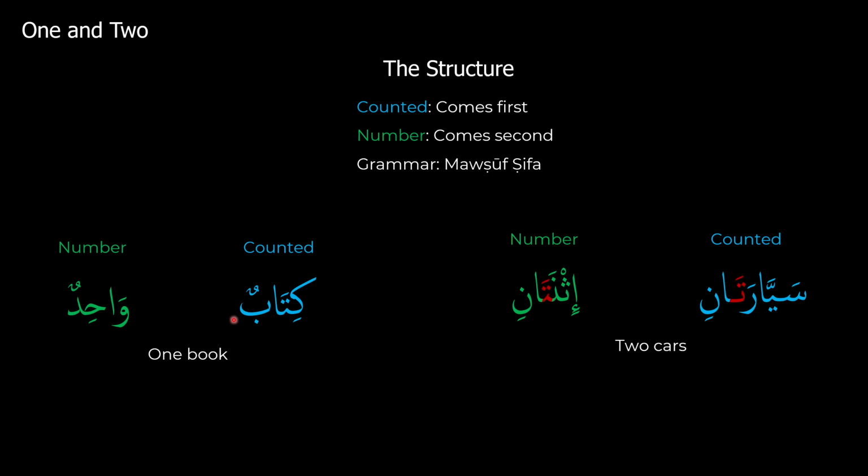All four properties match, therefore you translate it as one book. And then the same thing here for sayyaratani ithnatani. So the counted comes first and then the number after. And because sayyaratan is feminine, we have to use the feminine form of the number 2 because all four properties need to match for it to be mawsuf sifa. So this becomes 2 cars.